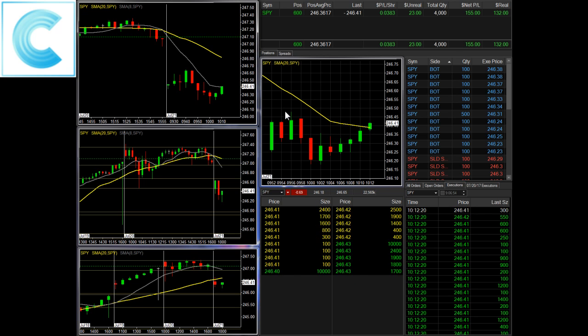Alrighty, so it looks like we're challenging this prior area of high. That looks like 48s or so. So we're going to have to keep an eye on how price reacts into this area here.